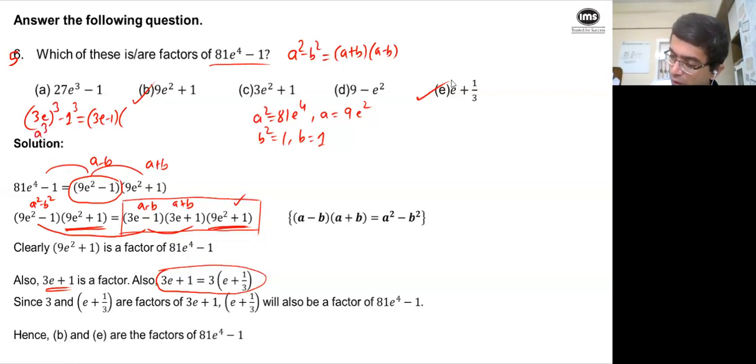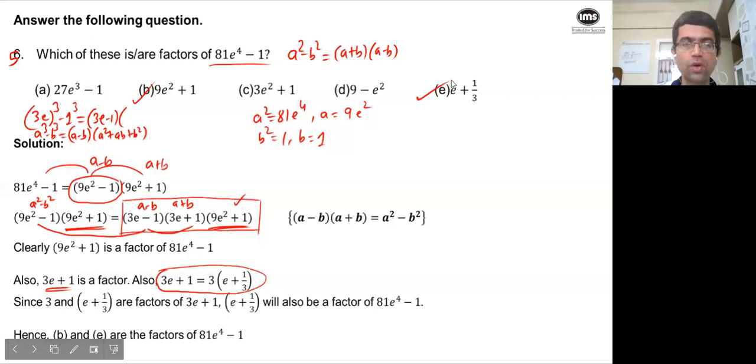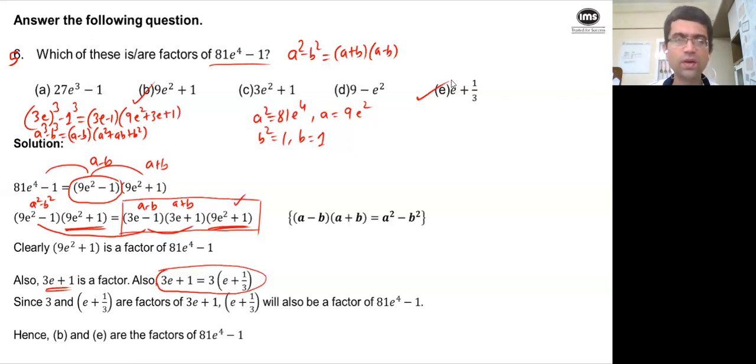Let me write it here. A cube minus b cube is going to be a minus b into a square plus ab plus b square. So a being 3e, square of that will be 9e square, plus ab plus b square. Correct? So this doesn't seem to be anywhere among the options.